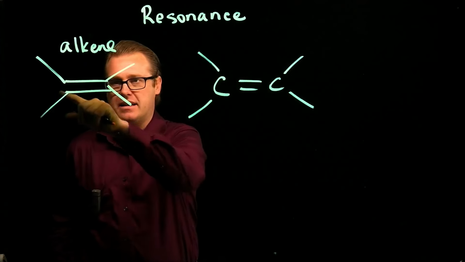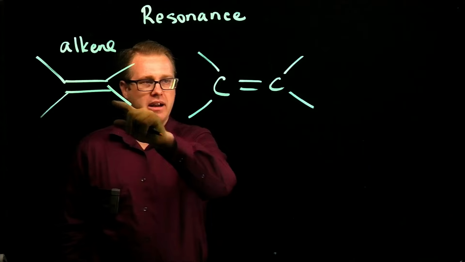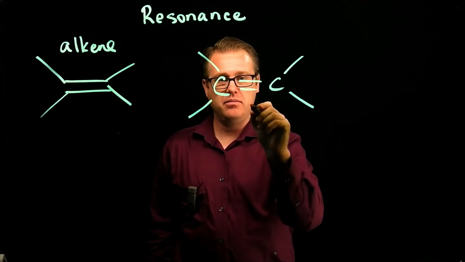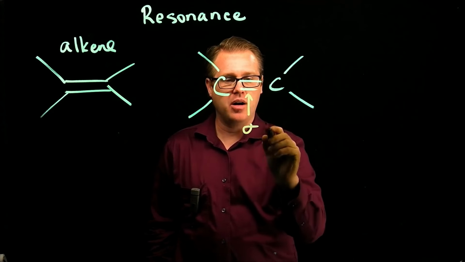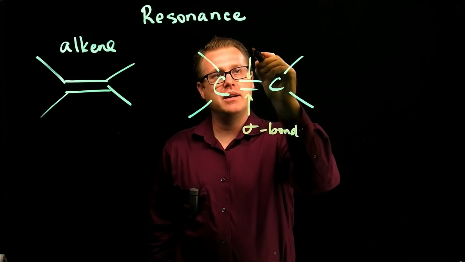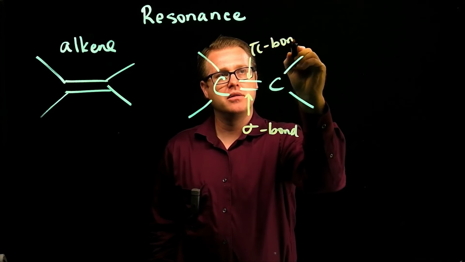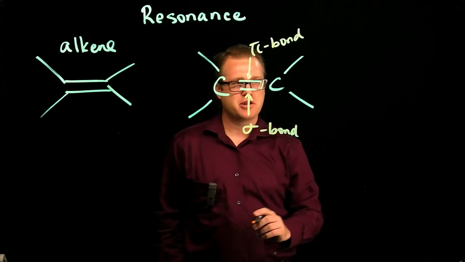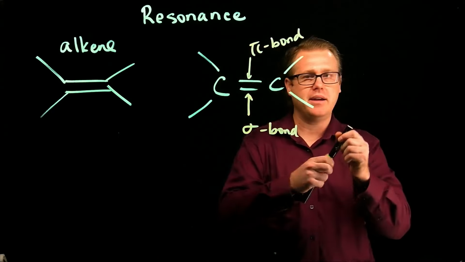So when we look at this alkene here, we have these two bonds right here, right? One of them is the sigma bond, and the other one is the pi bond. And when we look at that structure there, we could look at it kind of like this.